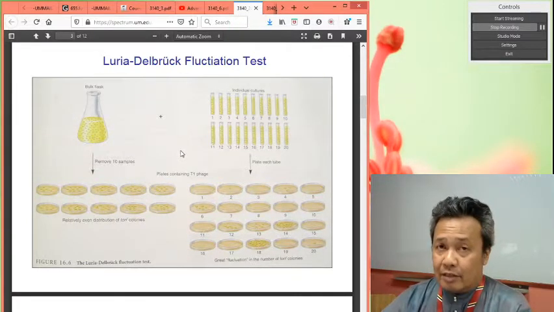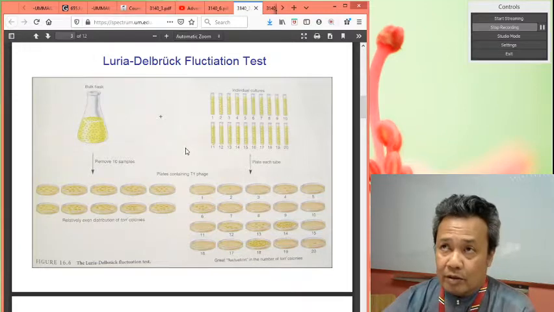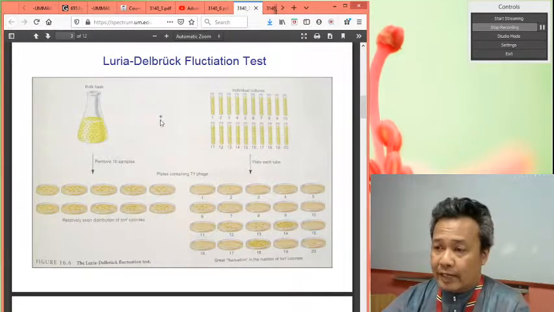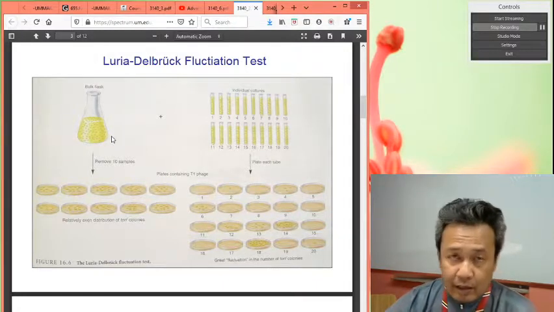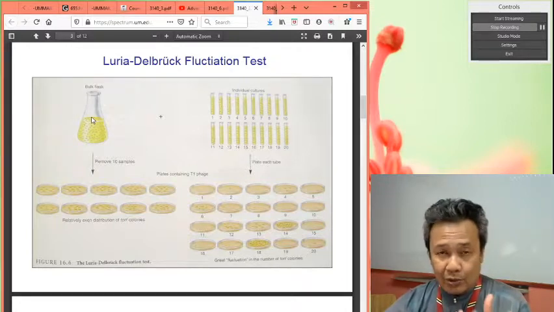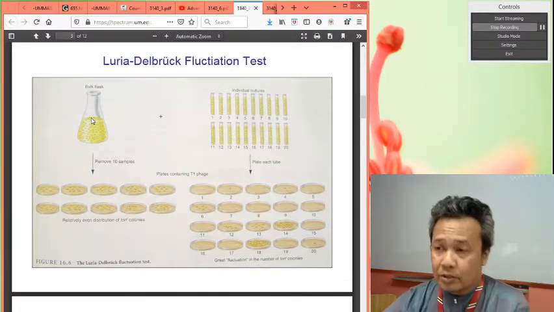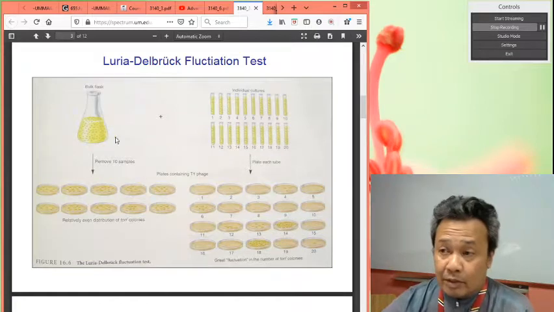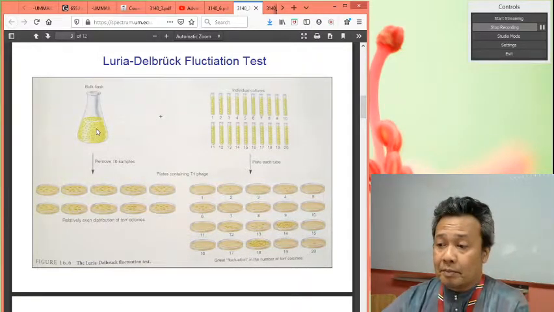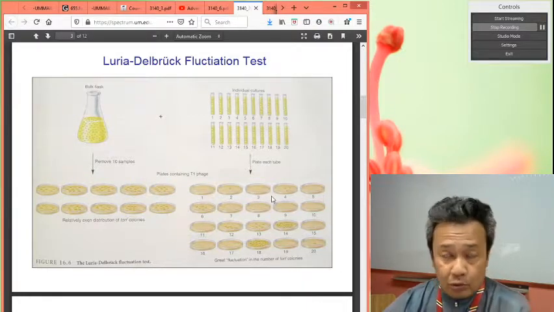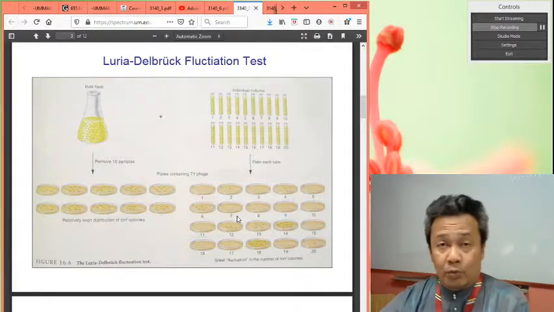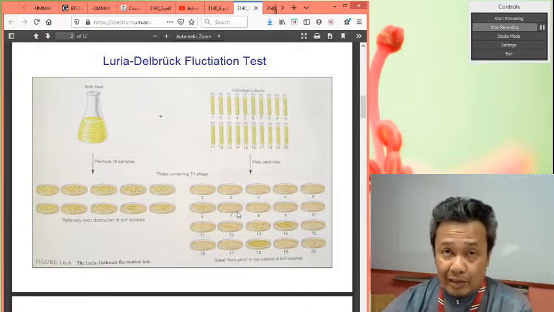if mutation is the result of adapting to its environment, you would expect results from the left side, where the cells are grown in bulk culture. The results will be the same, because these are similar cultures being exposed to similar media, so they would respond in a similar fashion.